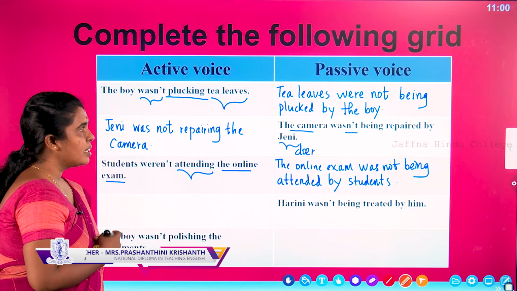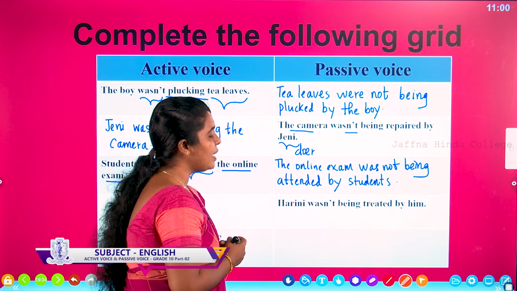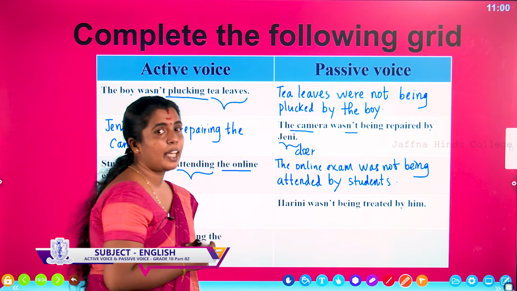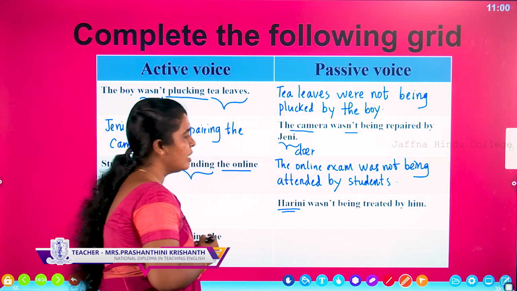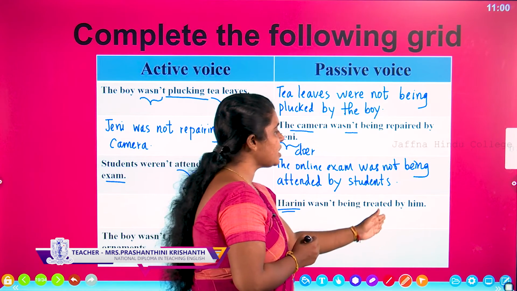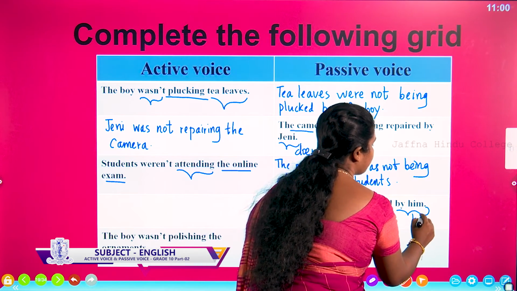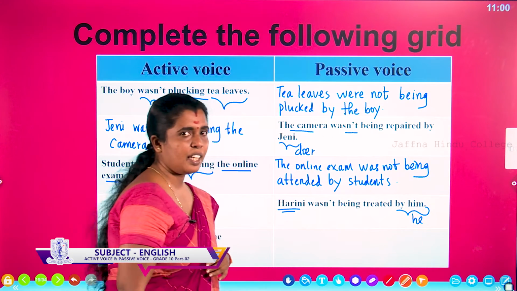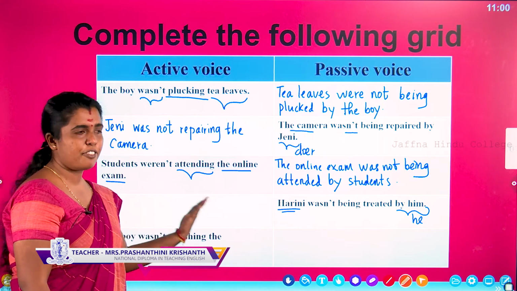Next one, passive voice they have given. Harini wasn't being treated by him, right? So, Harini is the object here, wasn't being treated by him, right? So, by him, the doer is he, right? So, we have to take the doer, subject first.